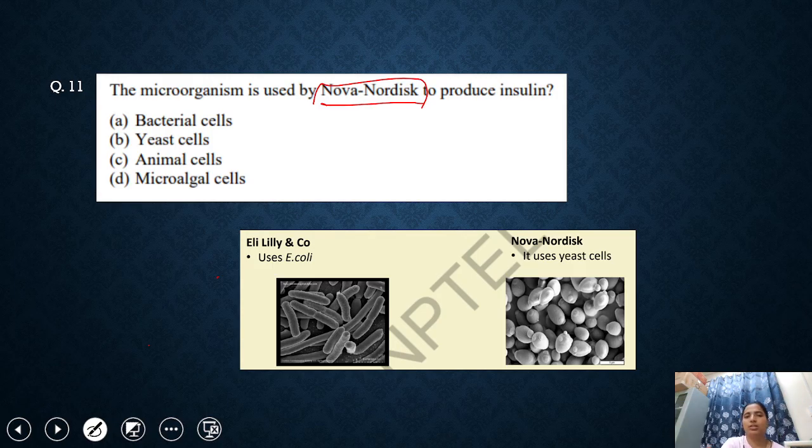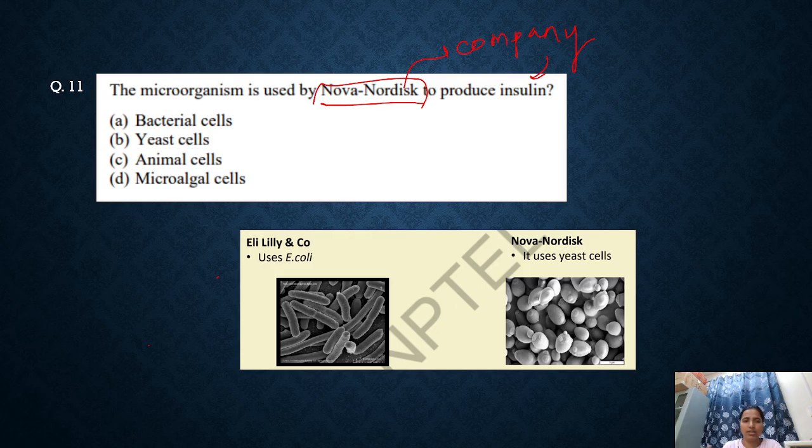This is the name of a company that produces insulin. They are asking which microorganisms they have used. First option is bacterial cells, second is yeast cells, third is animal cells, and fourth is microalgal cells.